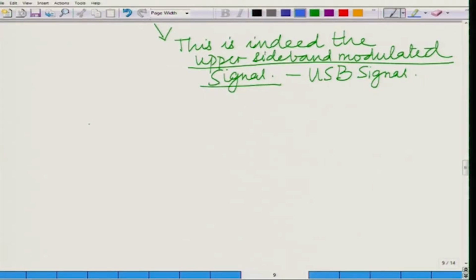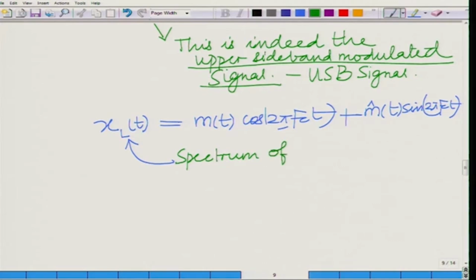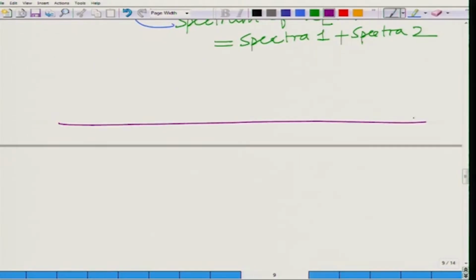So, let us call the other signal x L t, equal to m t cosine 2 pi f c t plus m hat t sin 2 pi f c t. The spectrum of x L t is equal to spectra 1 plus spectra 2, and if you do that, you will notice that only the lower sideband will survive.